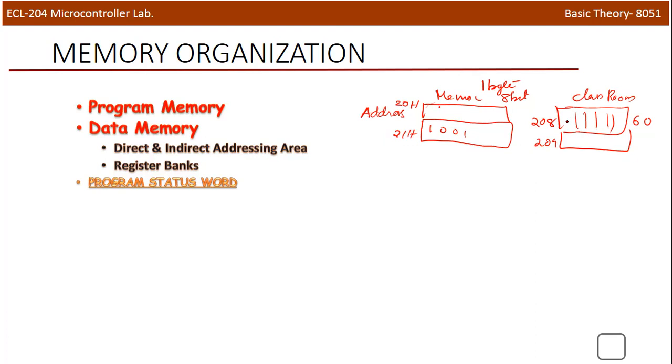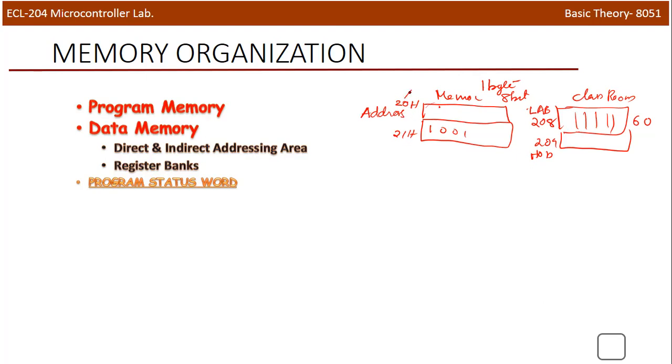And sometimes some classrooms are also labeled by using some name. For example, if this room is special, sometimes we will indicate it as a lab, or this is the HOD room. Similar to that, some memory locations are identified by using a name.